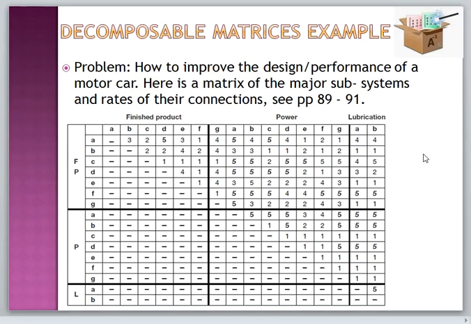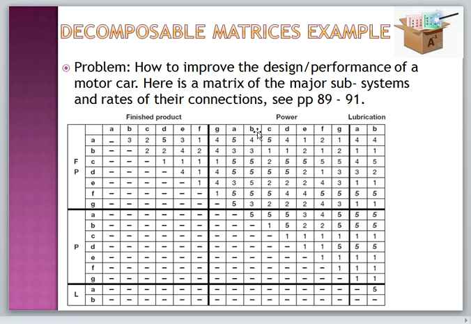Let's give an example. Assume you have a problem of enhancing an automobile design, and this automobile design has 3 components: finished product itself, power, and lubrication part. Okay, and you found that the finished product has A, B, C, D, E, F, G components. So it's like 7 subcomponents of the finished product.